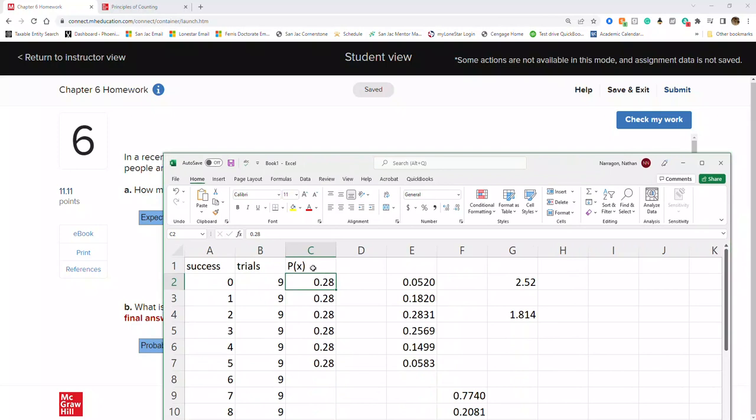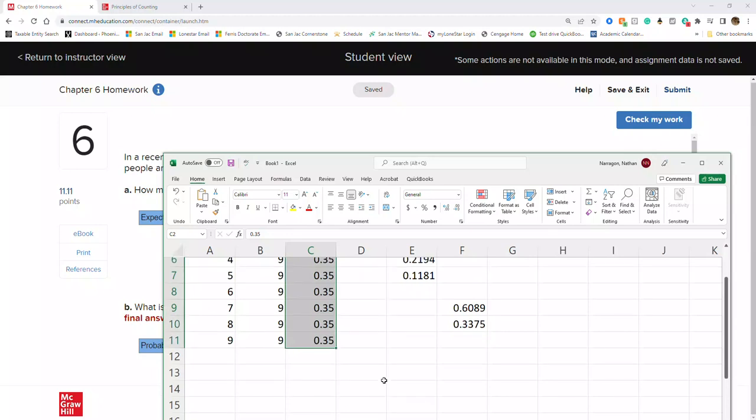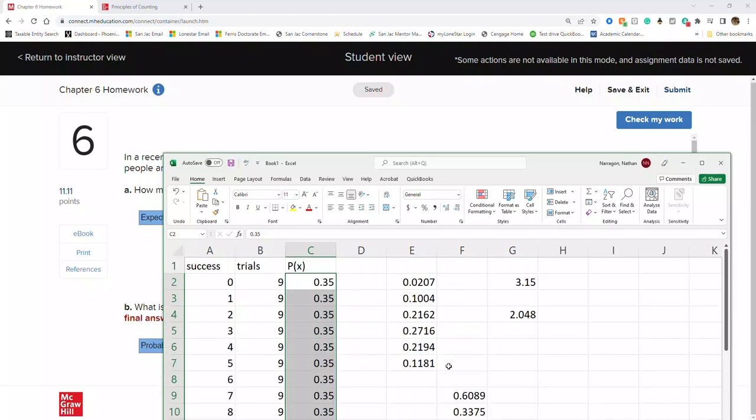And then the percentage is 0.35. Notice that it's already calculated the mean because I already have it in the table.